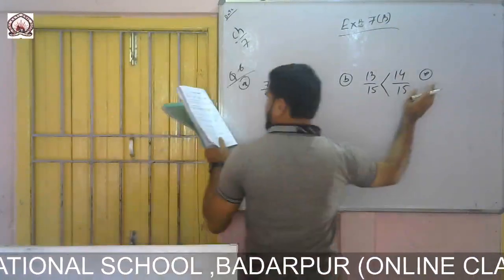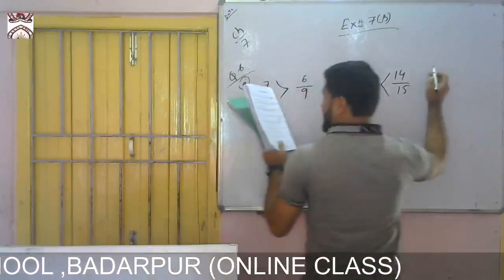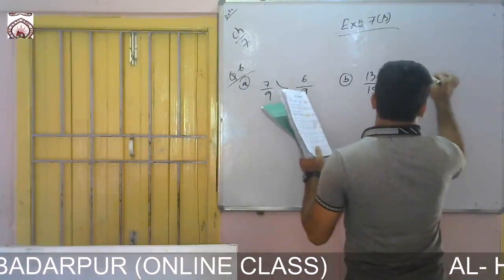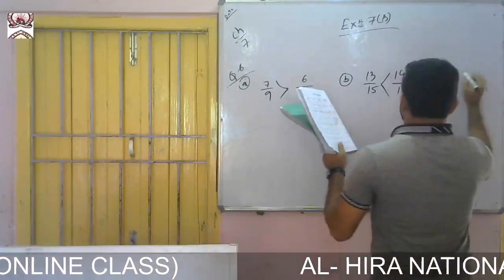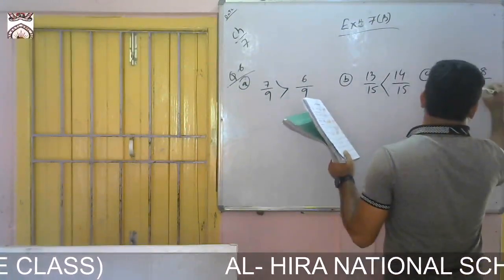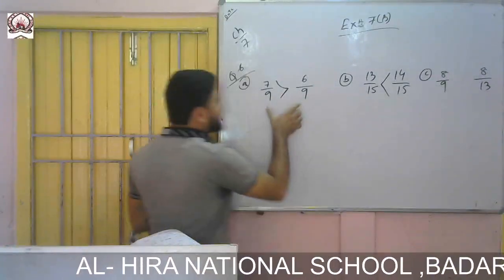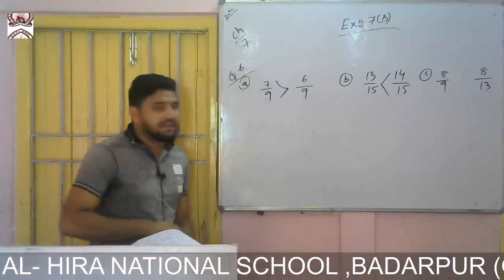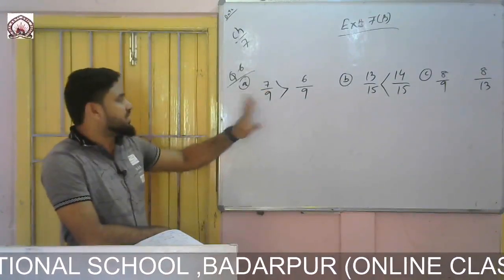Sorry, you see question number C. 8 by 9, then 8 by 13. Now earlier I said whenever both the denominators are the same, the fraction with the highest numerator is the largest fraction.